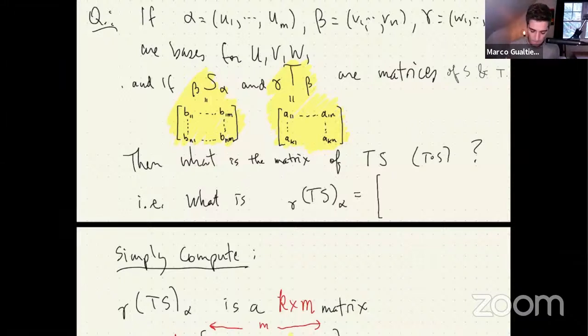It will have M columns, because I'm applying it to M basis elements of alpha, and the number of rows will be the size of gamma, so gamma has K. So I'm going to have some elements, C11 up to CK1, and C1M up to CKM. So we want to know, what are these elements?